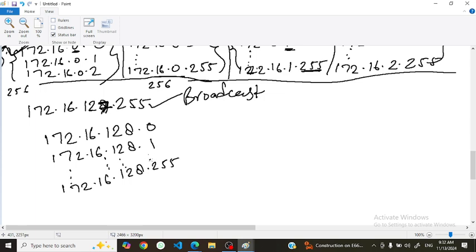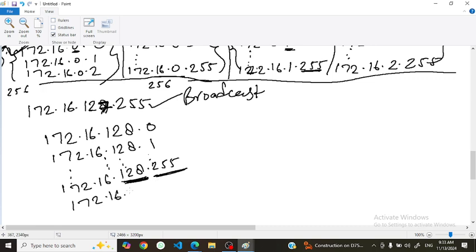Okay, then the next IP address will be 172.16. Here we will make an increment in this third octet because we cannot increase the value from 255 in the last octet. The maximum value of an octet is only 255.